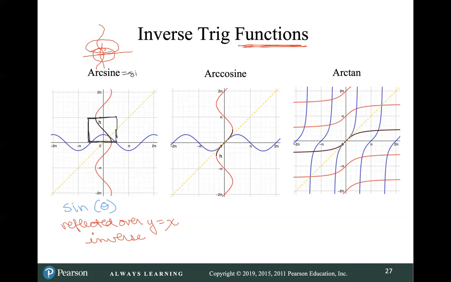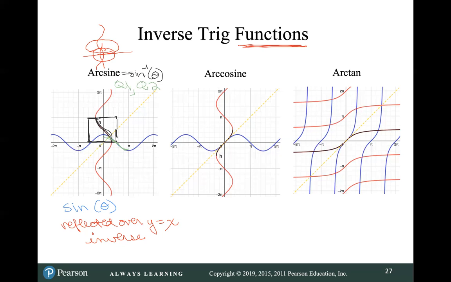This is sine inverse of theta or x. Now if we're looking at that in terms of the unit circle, that falls between quadrants 1 and 2. So whenever you take sine inverse of something, it's only going to give you a quadrant 1 or a quadrant 2 answer.